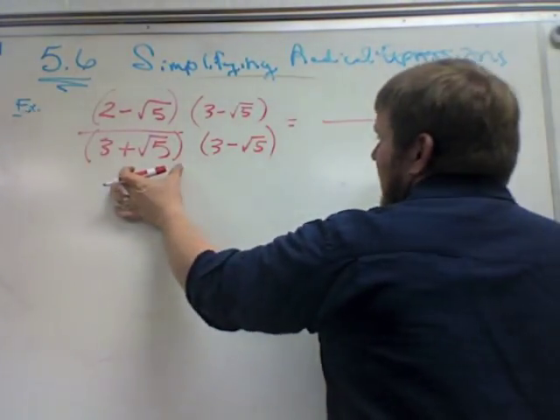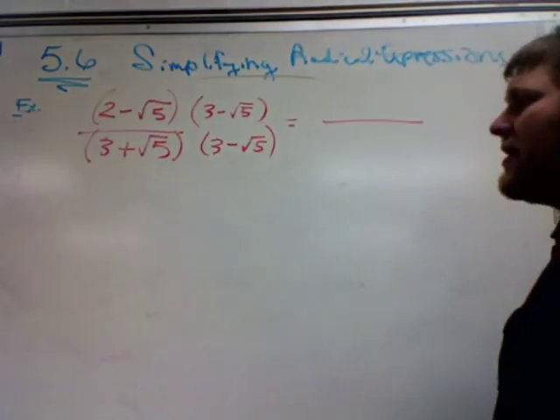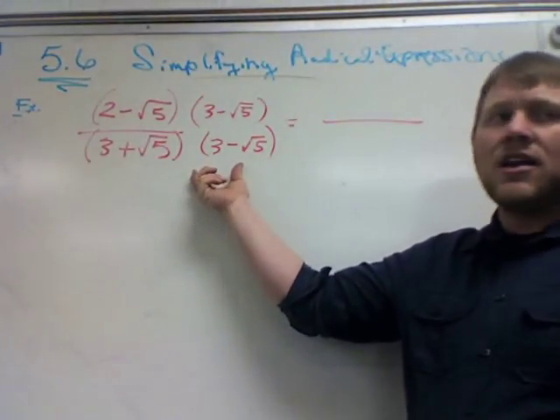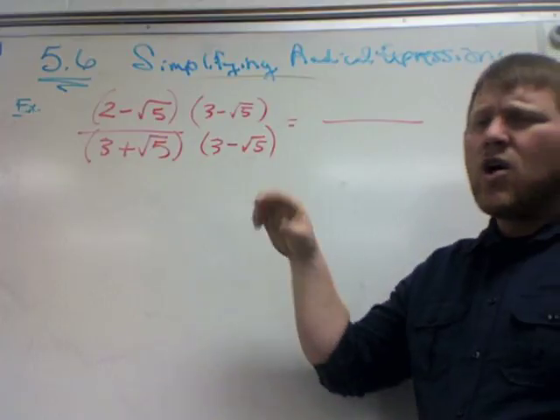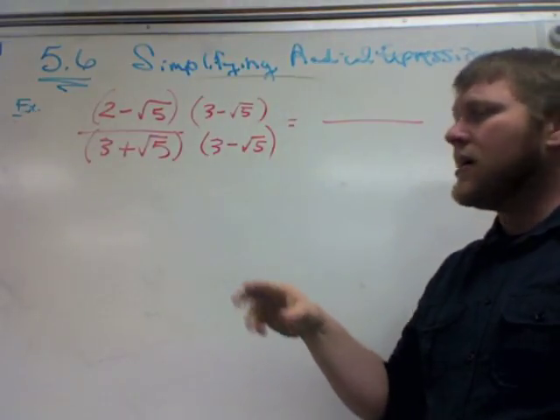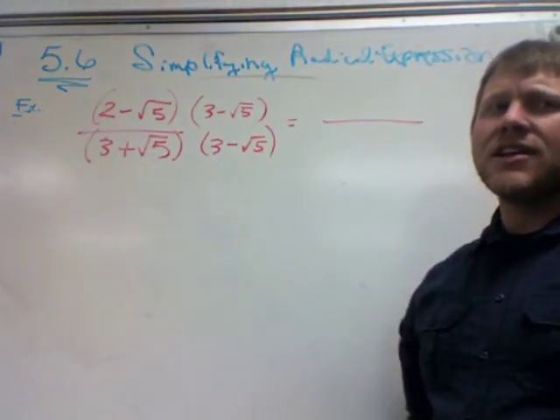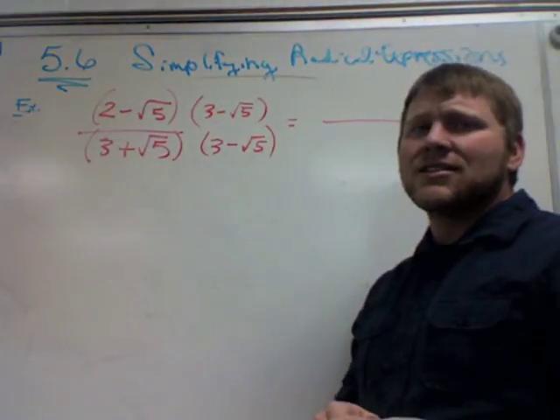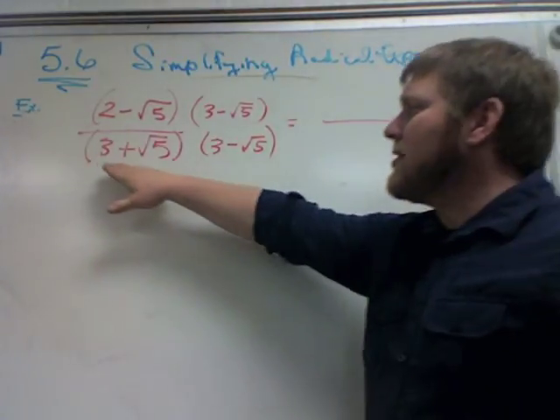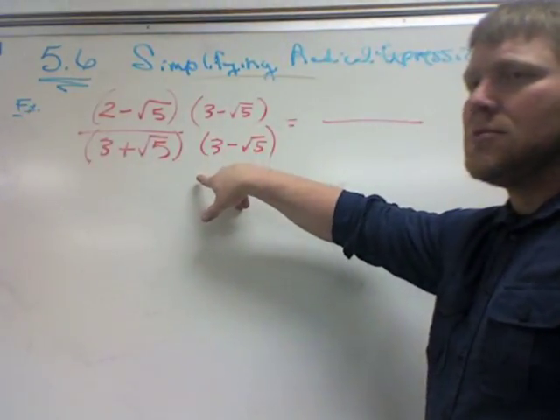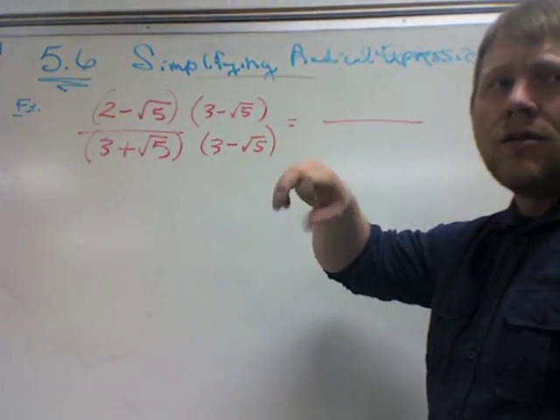Especially when I notice that if I'm foiling a sum and difference, all I really need to worry about is the first terms and the last terms, because what happens to the O and the I?